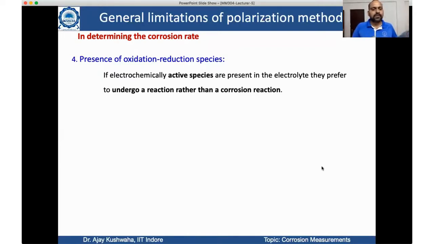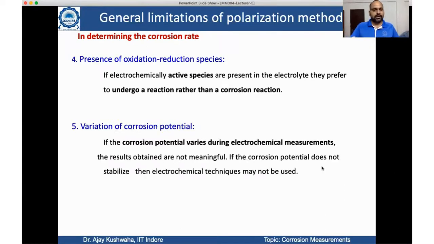That is not an accurate measurement of the corrosion reaction. Similarly, if there are reductive species that reduce at the electrode, then whatever current we observe is not accurate. So if electrochemically active species are present in the electrolyte, they prefer to undergo a reaction rather than the corrosion reaction, so our estimate will be different.